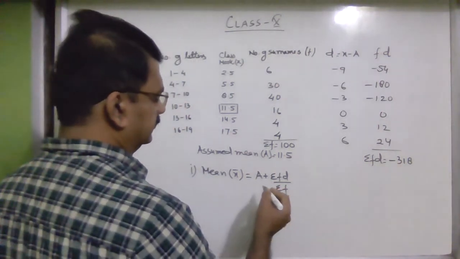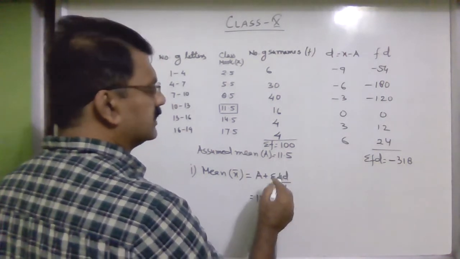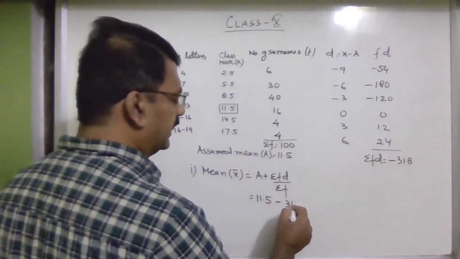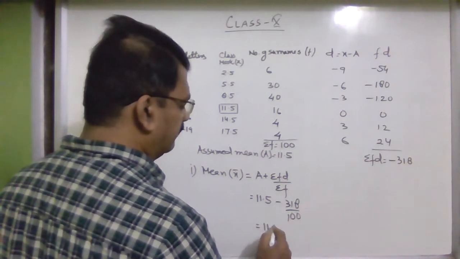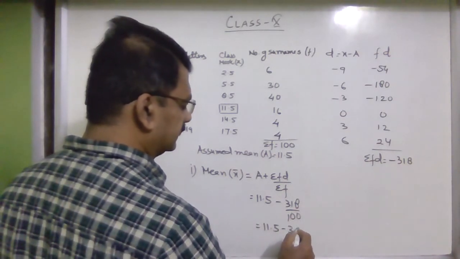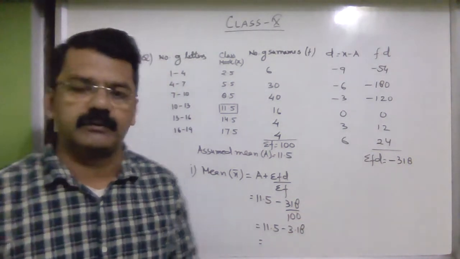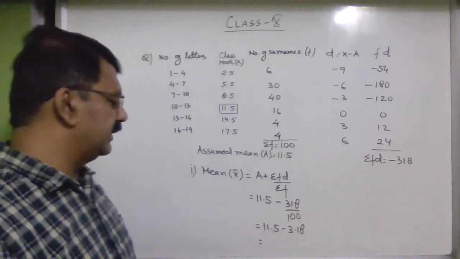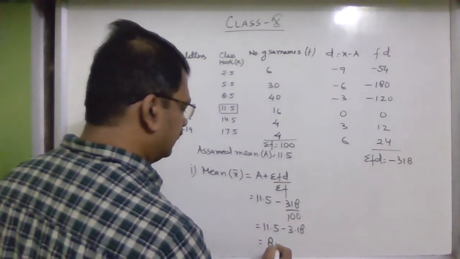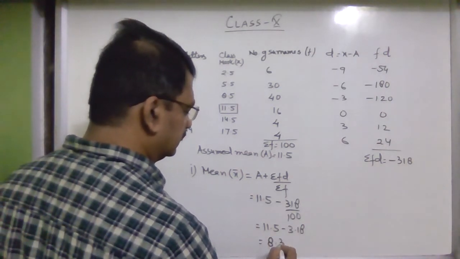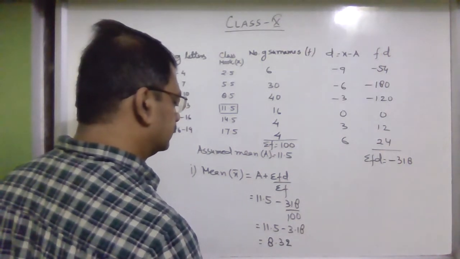Now the value of a is 11.5. Sigma fd we have calculated, minus 318, upon sigma f is 100. So 11.5 minus 3.18. Now from 11.5 you have to subtract 3.18. So when you subtract 3.18 from 11.5, you will get 8.32. So the mean is 8.32.